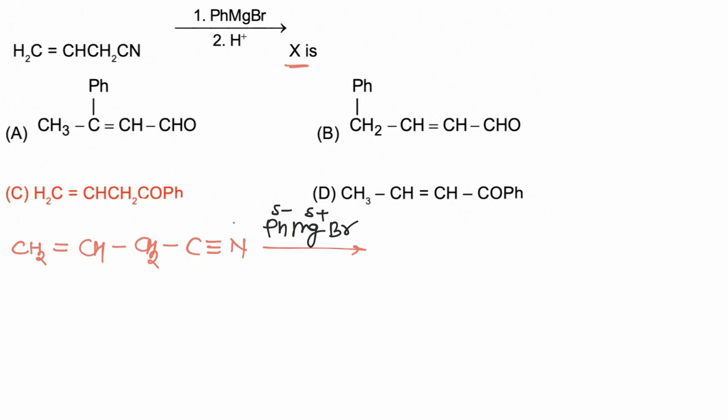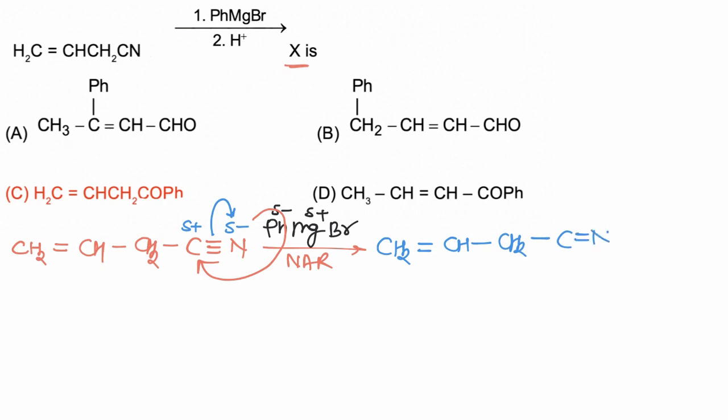Now this carbon-nitrogen bond is a polar bond, so there is a possibility of a nucleophilic addition reaction in which Ph negative acts as the nucleophile. So the Grignard reagent attacks on carbon, and simultaneously the carbon-nitrogen bonds shift towards nitrogen. So we get CH2 double bond CH, CH2 C double bond N.